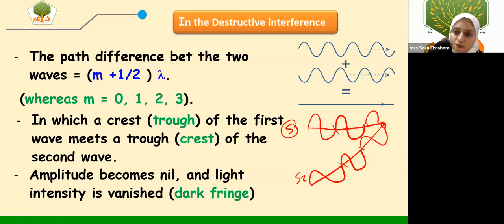Wave 2, 3. The third crest meets the third trough. So the distance of wave 2 is greater than wave 1 by half.